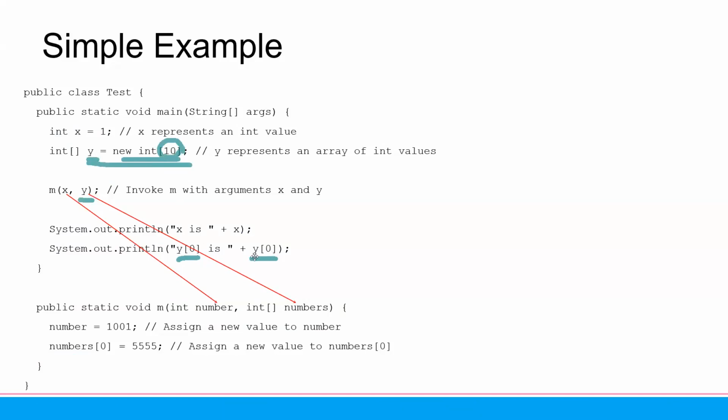So when you print y0, here is 5555. When I print this one, what is the result? So what will be your answer if I want to execute this code? And what is the answer of y0?